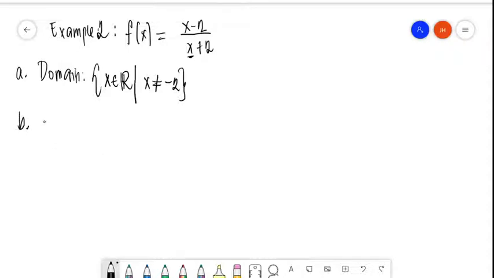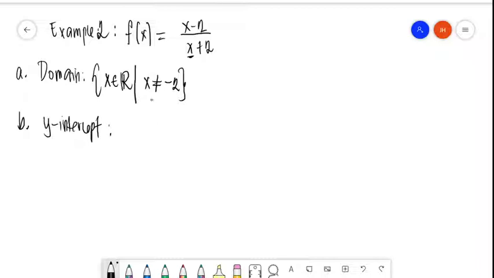Now let's proceed to our y-intercept. Remember, in getting our y-intercept, we are going to substitute the x variables to 0.